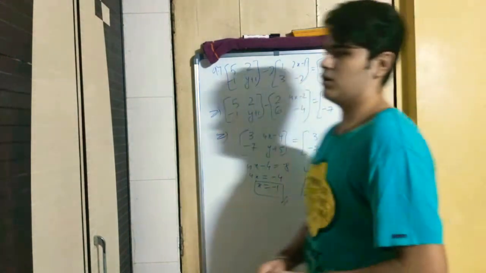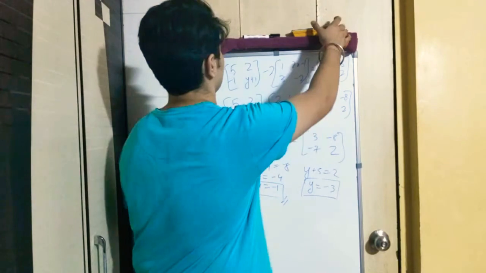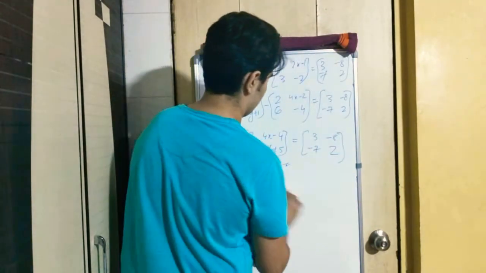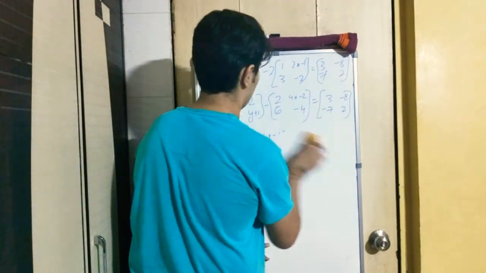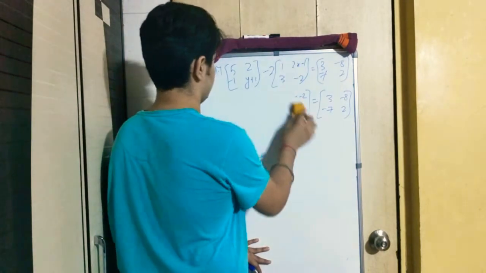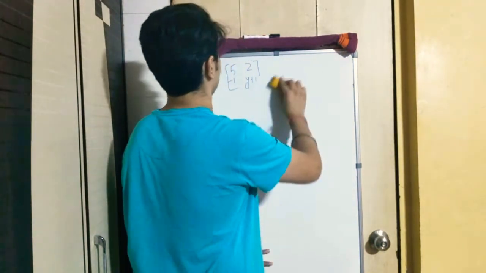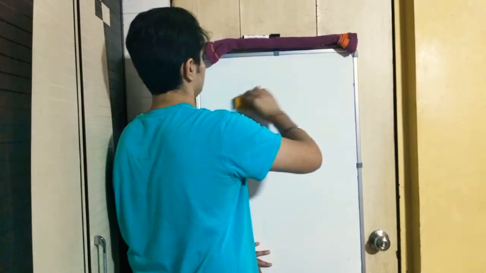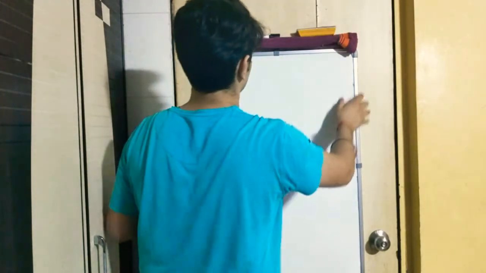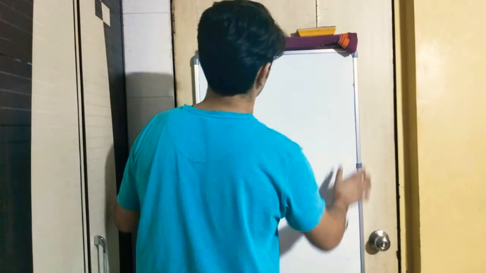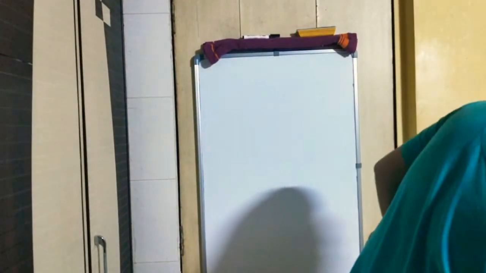Now we are moving on to our last sum for the day. The board is straight. If not, you have to adjust it a bit.